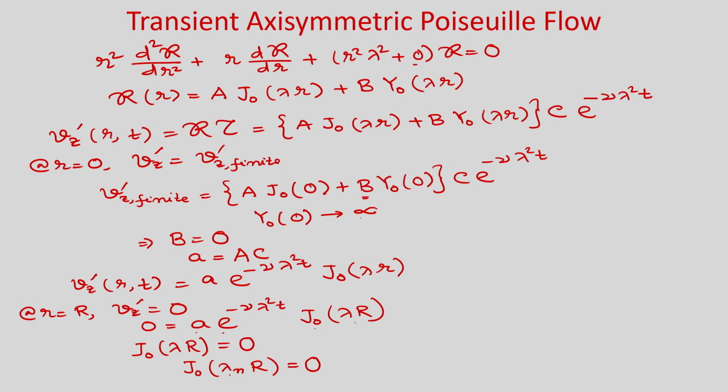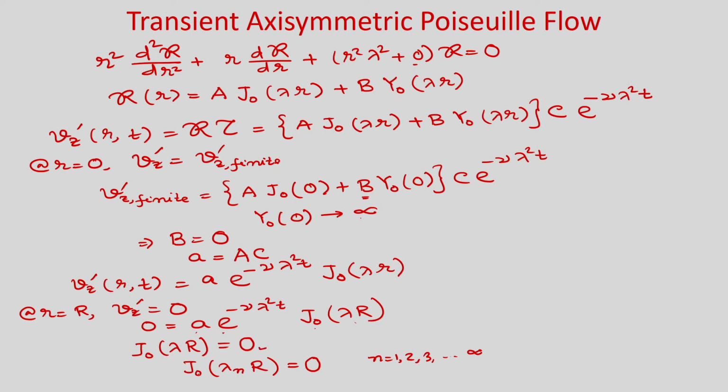So, we will get different solutions for different values of lambda, for n equal to 1, 2, 3 to infinity, because you have seen the solution is periodic. Obviously at different values of lambda you will get this J0 lambda R as 0.